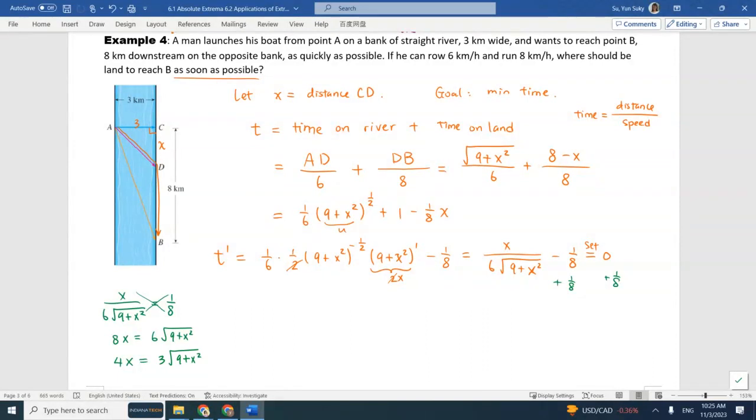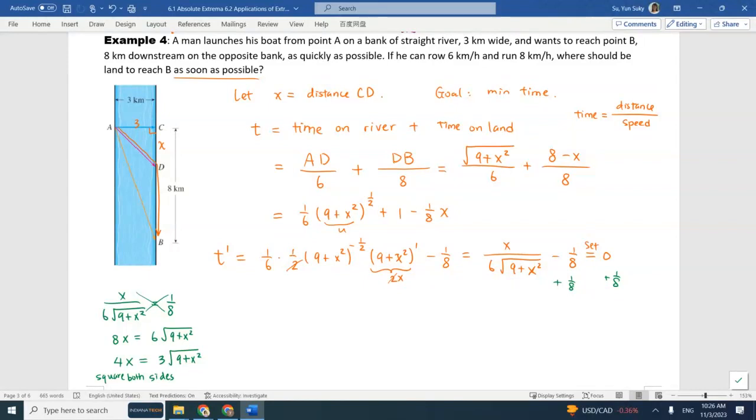Yes. Get rid of the square root. So square both sides. Okay, Blaine, what is 4x squared? 4 squared, 4 times 4?